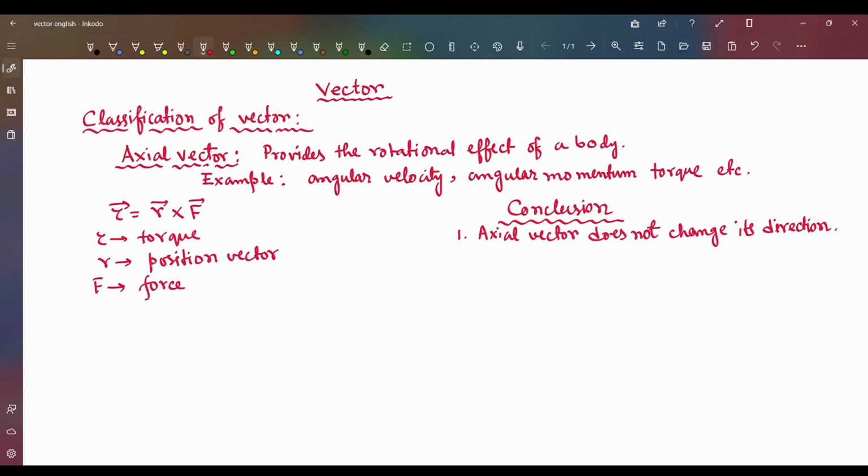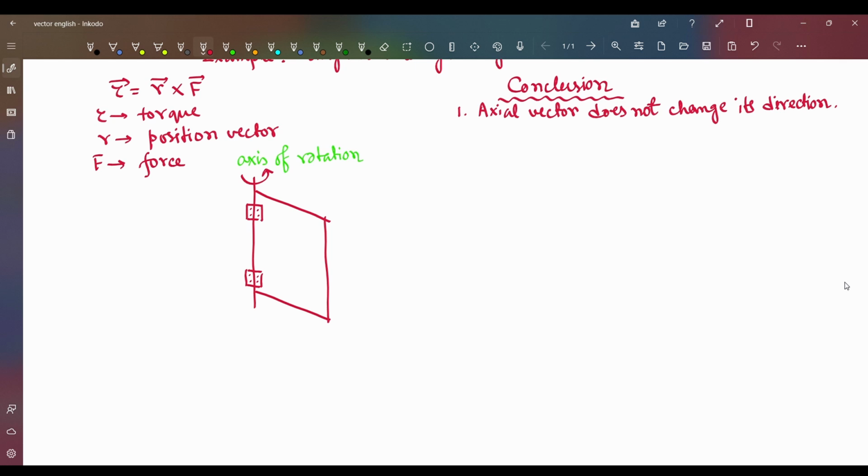We can consider the rotation of door as example. Door rotates about the hinge, and the line is known here axis of rotation. We apply force at the end of the door perpendicularly. Consider the position vector R here.